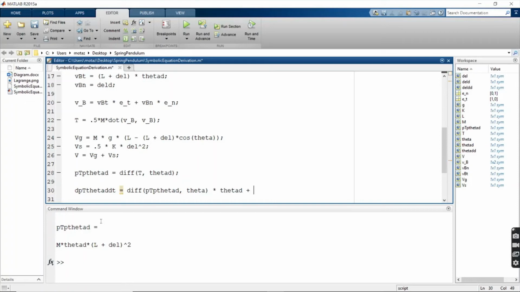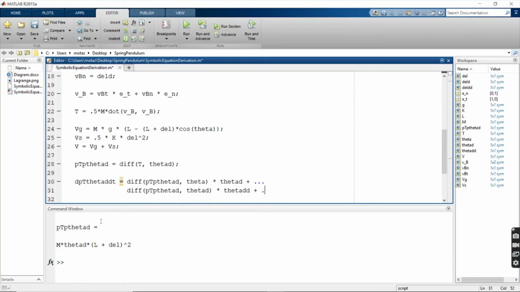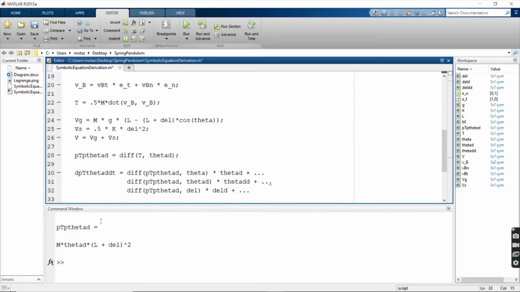We can use this plus and ellipsis, and then differentiate it with the next variable, which will be theta dot, and we'll multiply that by theta double dot, and then the next variable will be del times del dot, and the next variable will be del dot times del double dot.